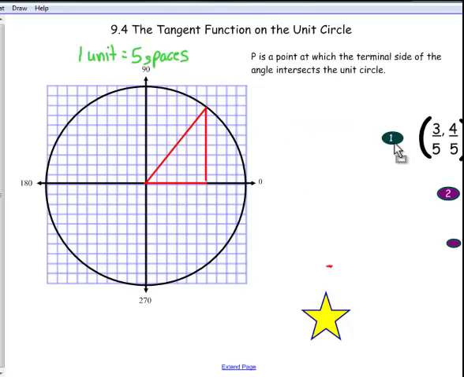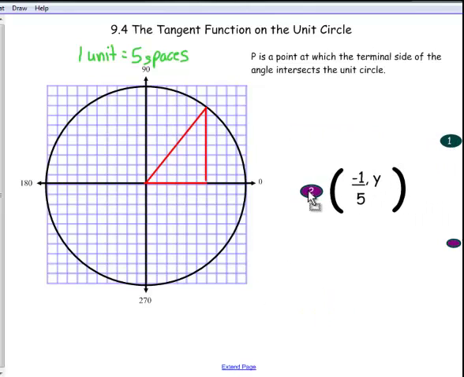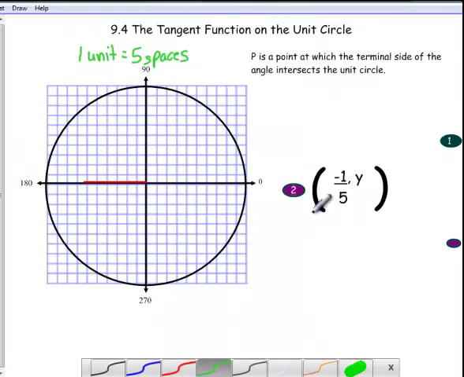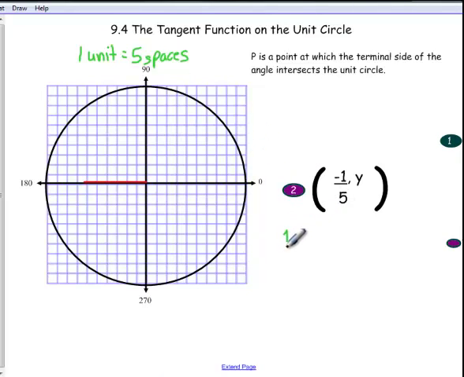Okay, let's look at another one. -1/5, y. So -1/5 means that's the x. Now moving over in that direction, you have to decide, are we going to look at this as a unit circle with 1 unit being 5 spaces, or 1 unit just equaling 1 big radius?